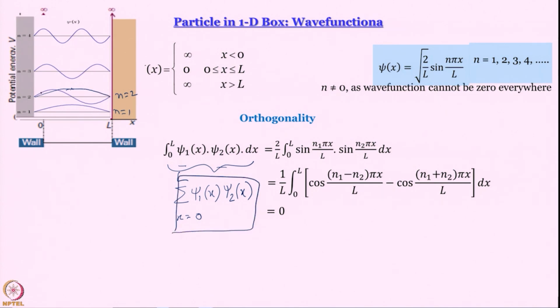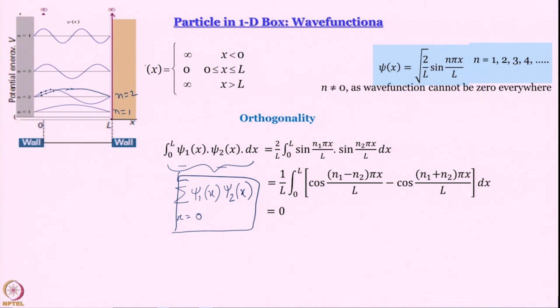Multiply the value of psi 1 here by the value of psi 1 here, record it, then multiply the value of psi 1 here by the value of psi 2 at the same x, add it to the product of psi 1 and psi 2 at the next x, and repeat.